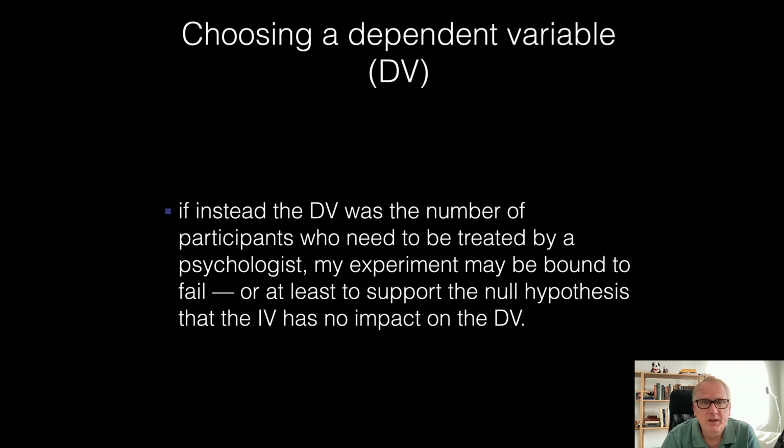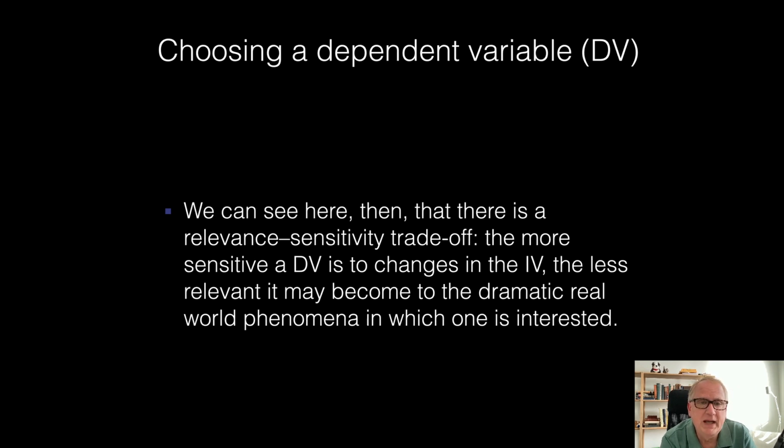So this is one of the trade-offs, one of the decisions we have to think about when we're choosing our dependent variable, that there's this relevance sensitivity trade-off. The more sensitive that a DV is to changes in the independent variable, the less relevant it may become to the dramatic real-world phenomenon in which we are interested. So by asking people just how happy they are on a scale might not seem very real-world-like, but maybe seeing whether or not people go and see a psychologist is.